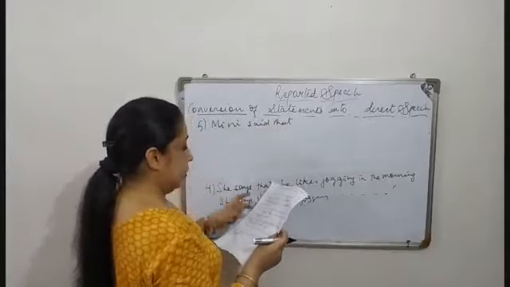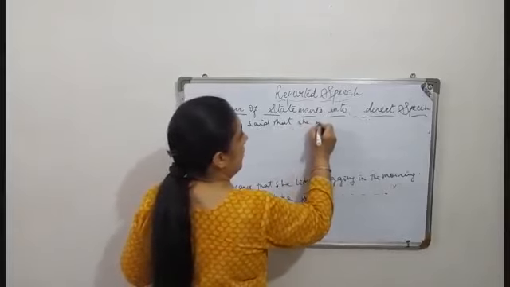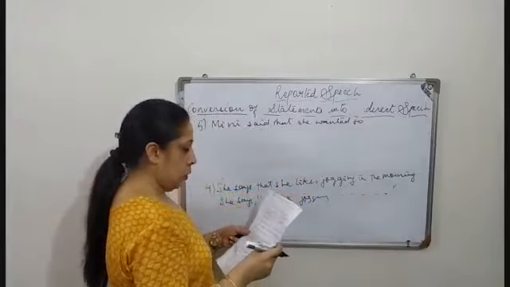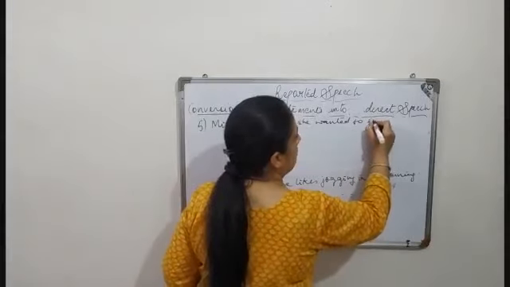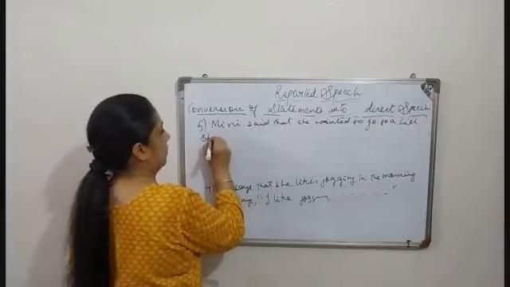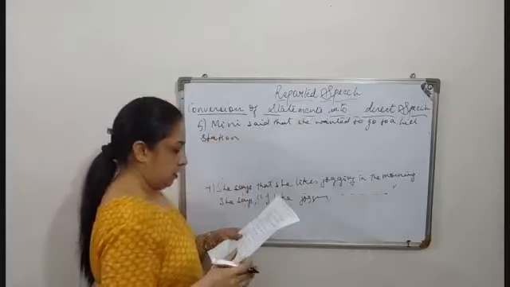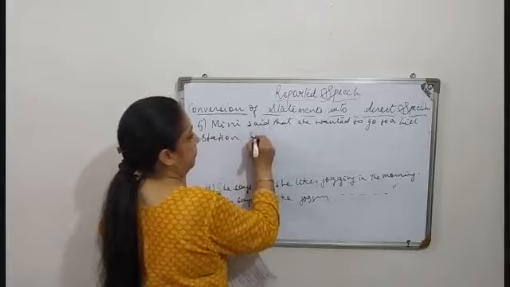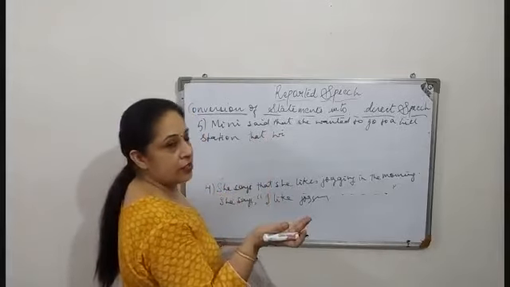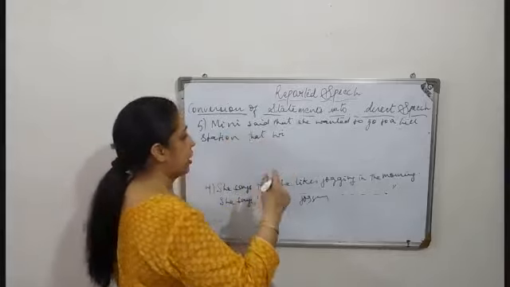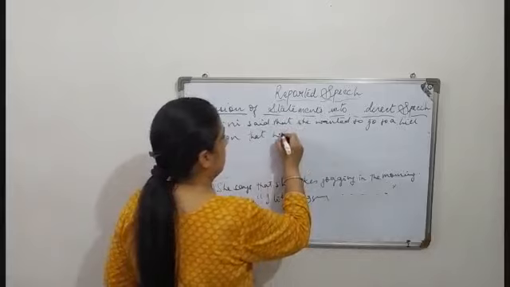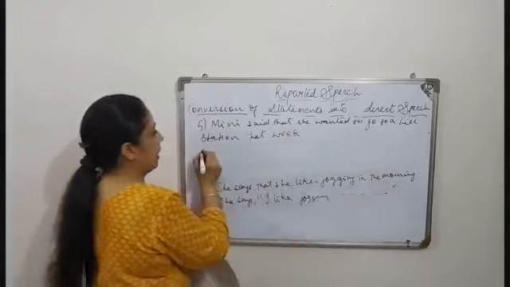Said that she wanted to go to a hill station that week. I had told you this becomes that. So if it is that, then we have to change into this. That week. Full stop. Now how will we change?